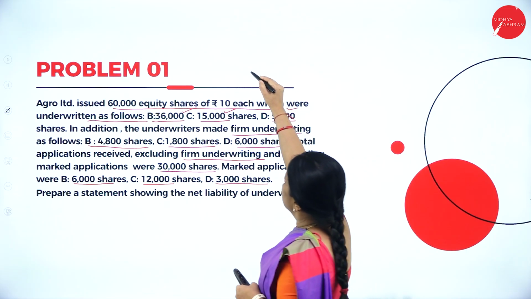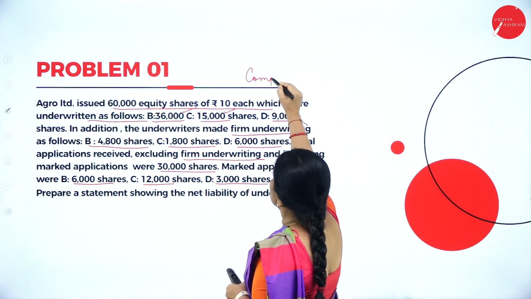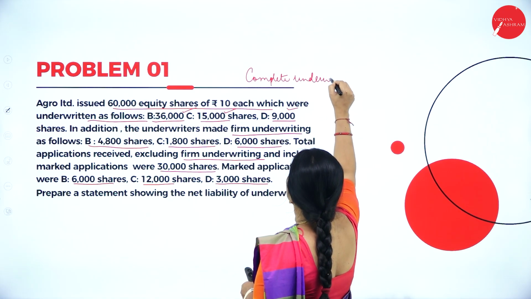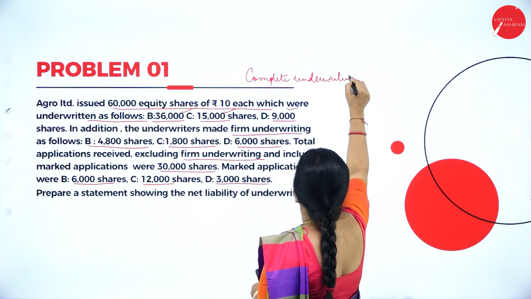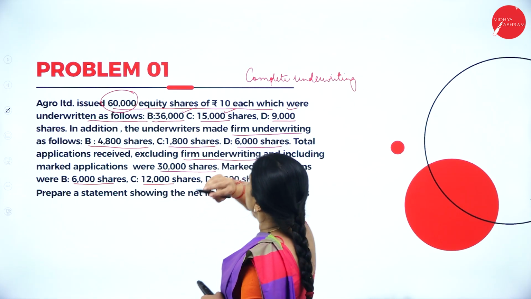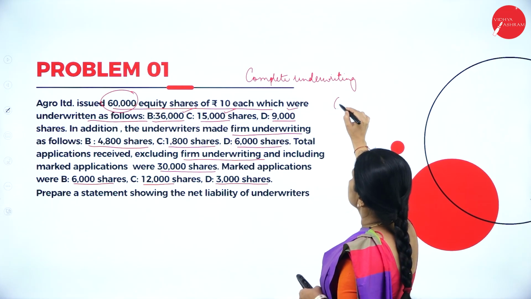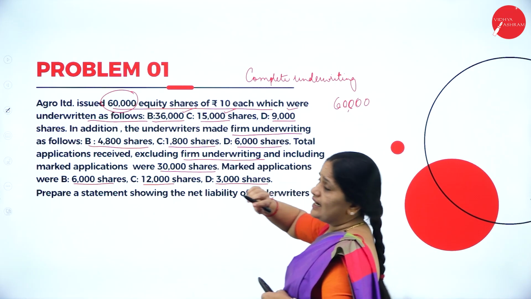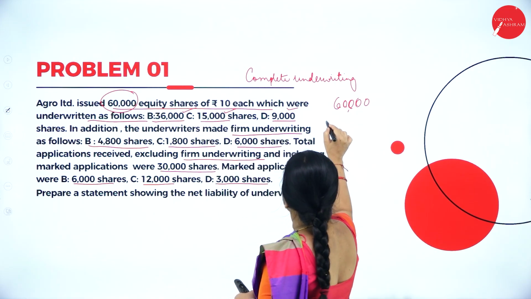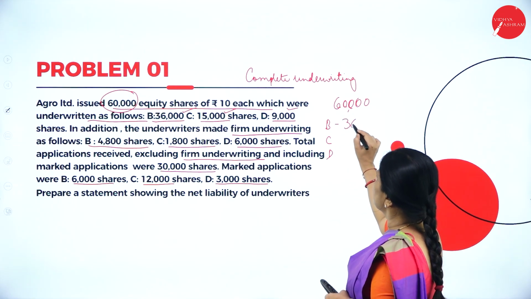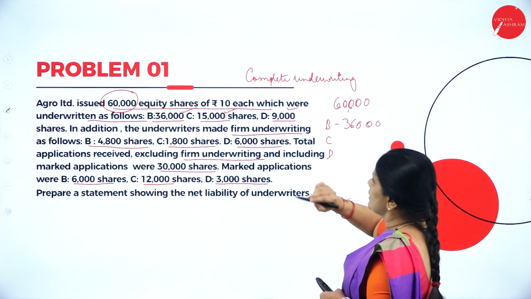Now, what is this complete underwriting? The entire issue has been underwritten. What is the total number of shares issued here? The total number of shares issued is 60,000. Out of this, we have 3 underwriters, B, C and D. How many shares has B underwritten? 36,000.